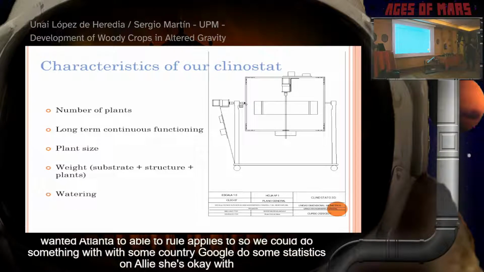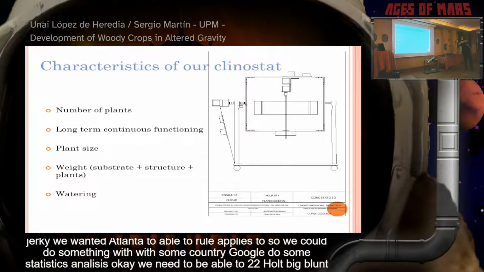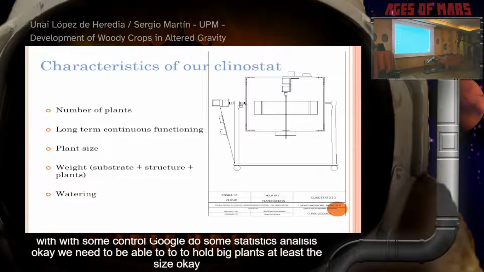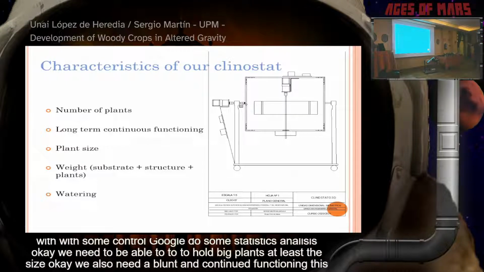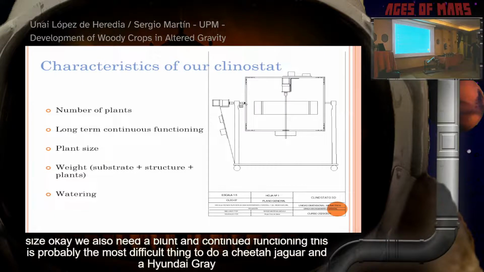We needed it to be able to host big plants, at least this size. We also needed long-term continuous functioning. This is probably the most difficult thing to achieve, but we are going in the good direction.